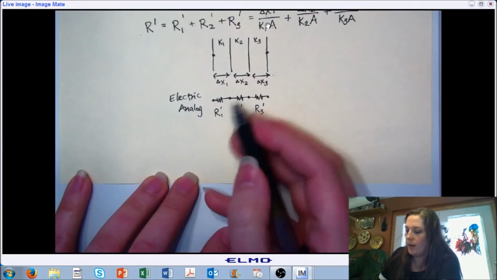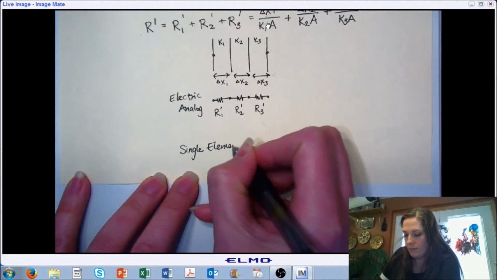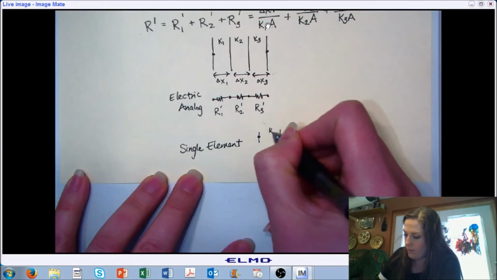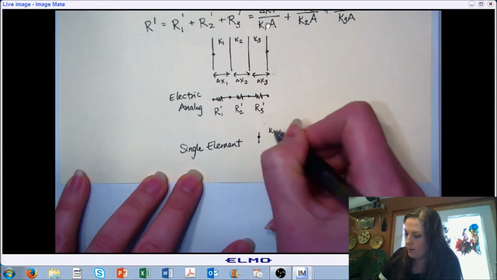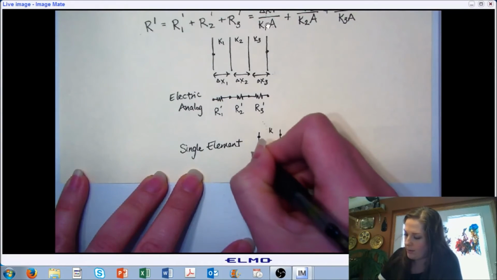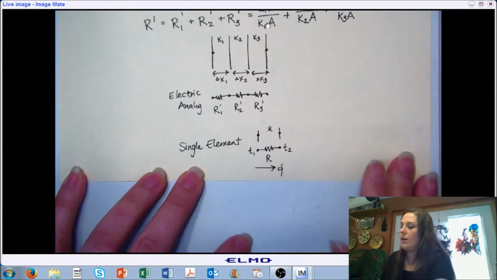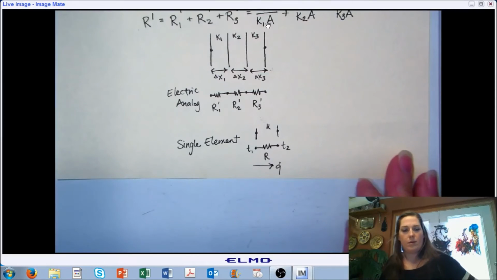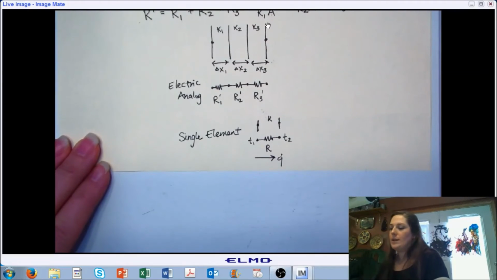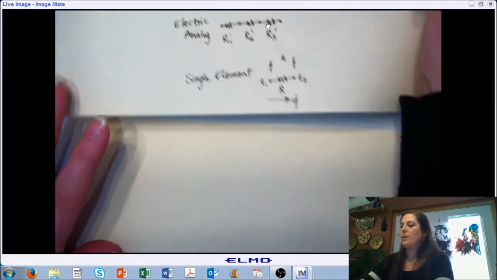If we wanted to look at just a single element from this, so this is our material with thermal conductivity K. Here's our analogous circuit with a resistance, a temperature 1 and a temperature 2, and a heat flow moving that direction. We can look at series elements, which is kind of what we have depicted up here in our first introductory example.